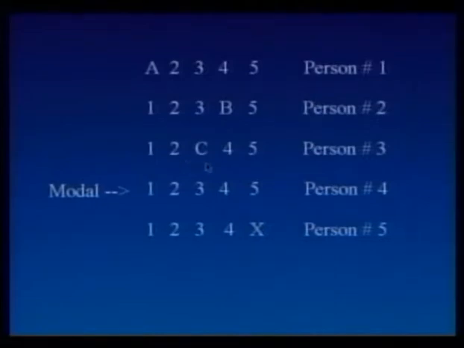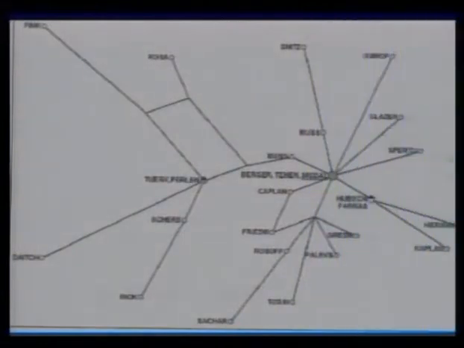And person 3 I had at another place. And here's the modal, 1, 2, 3, 4, 5. If you compare person 4 to any one of the others, they're only 1 off. So person 4 would be the modal, and the other 4 would be lines emanating out from him. That's how they get this, but it's obviously more complicated because they're testing it on much more.